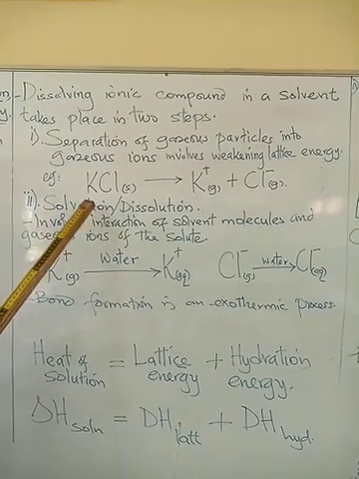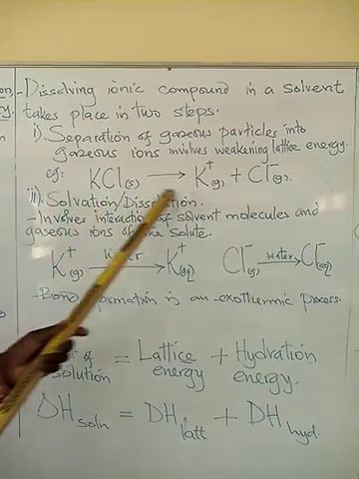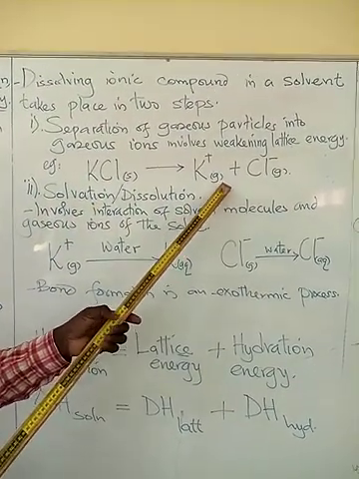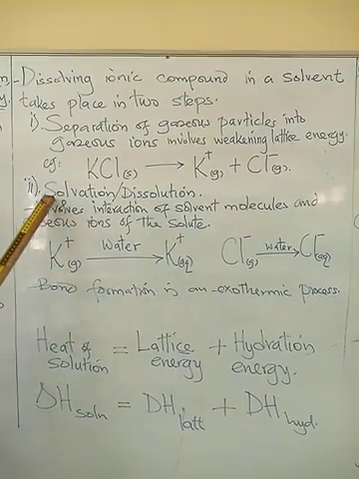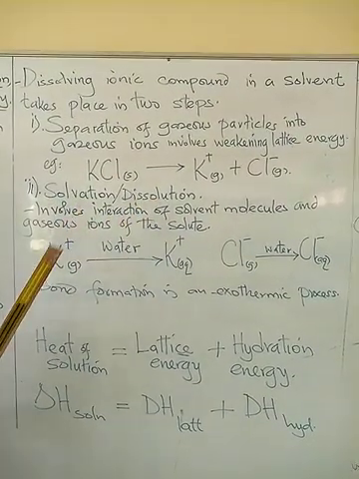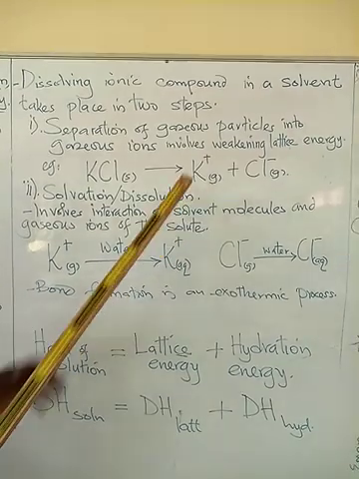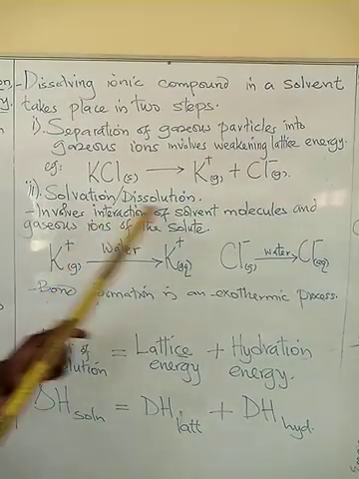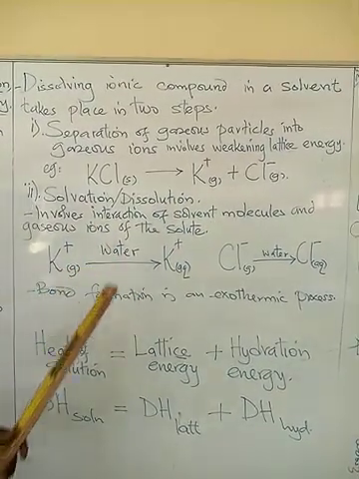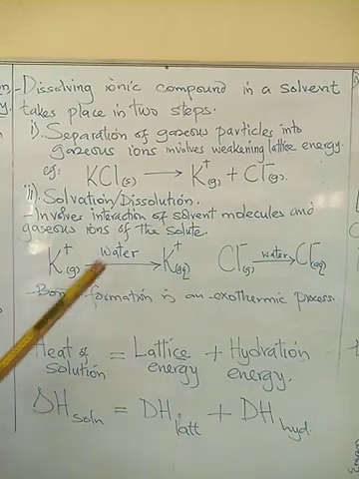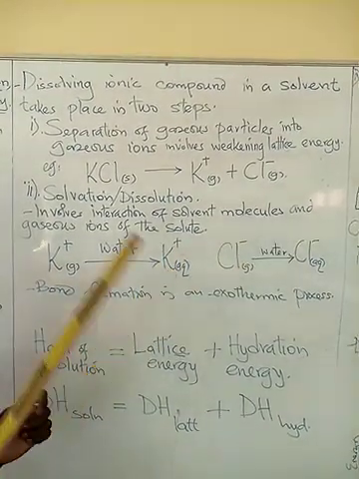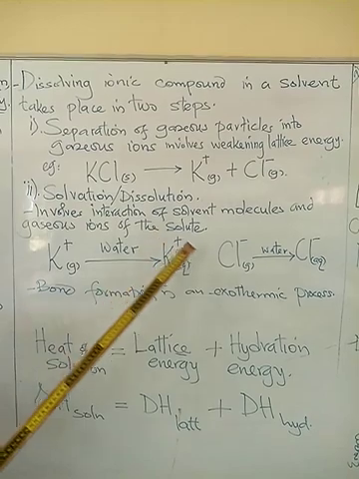Then, after breaking the compound into its gaseous ions, comes solvation or dissolution. Now the gaseous ions dissolve or interact with the solvent molecules. We say it involves interaction of solvent molecules and the gaseous ions of the solute.